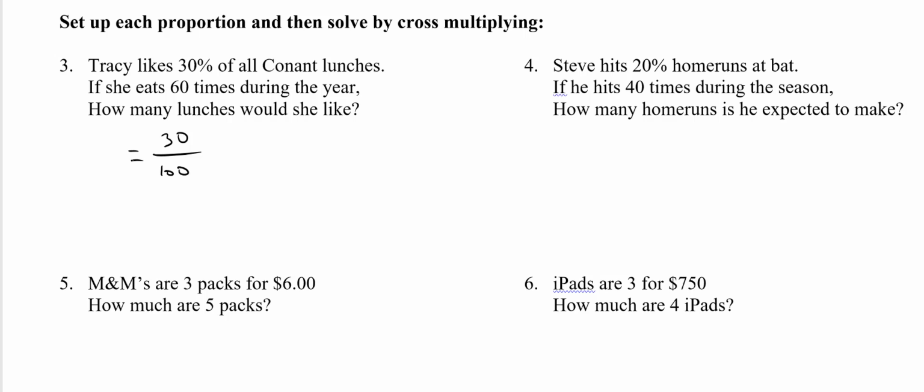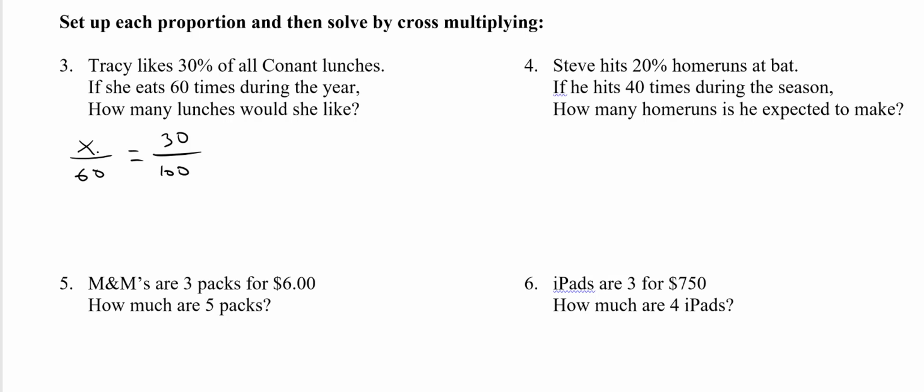And then it says she eats 60 times during the year. So I want to know how many lunches she would like. Well, remember that top number? It's 30. Basically, that 30 over 100 means 30 lunches out of 100 that she likes. So 60 times during the year is how many times she's eaten. I want to know how many times she liked those lunches.